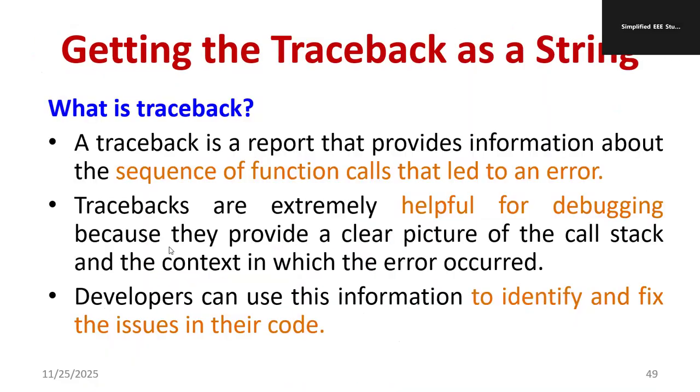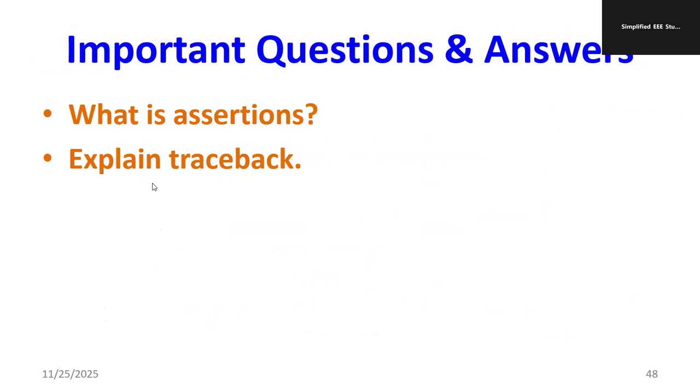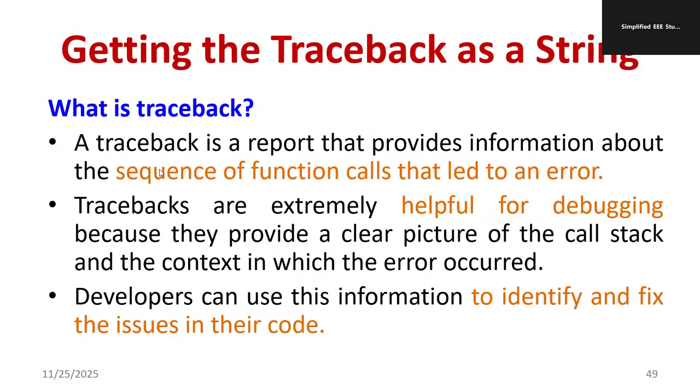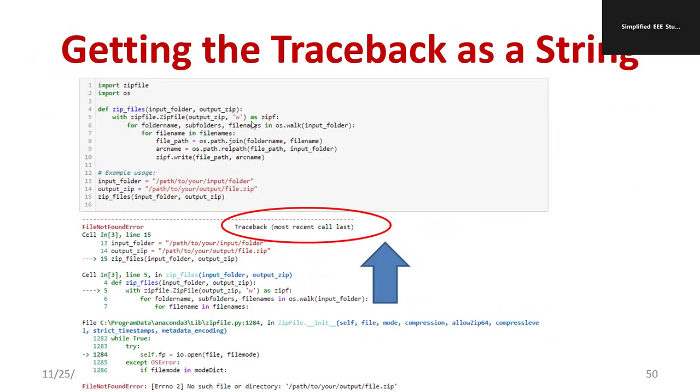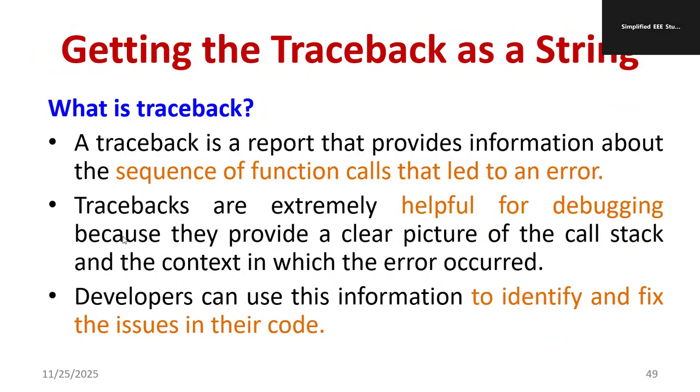Another question is: what is the meaning of traceback? Traceback is an error report that provides information about the sequence of function calls that led to the error. The entire error report is available through the traceback. This is called the traceback report. Line by line error will be displayed in the traceback report. Tracebacks are extremely helpful for debugging because in a long program, it is very easy to identify and rectify the errors.